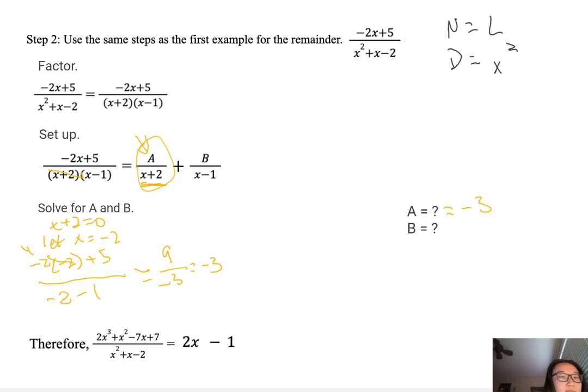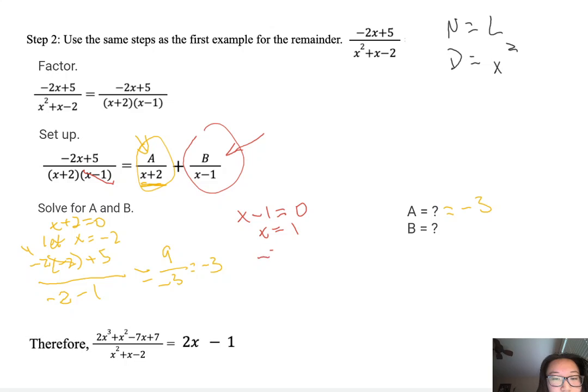All right. Now, solving for B, we're using the second partial fraction. We set x minus 1 equal to 0, and then we get x equals 1. And then we substitute 1 in for this expression here, except this time, because we're looking at this partial fraction, we can ignore the x minus 1 in the denominator.